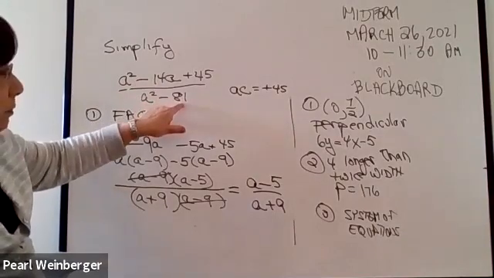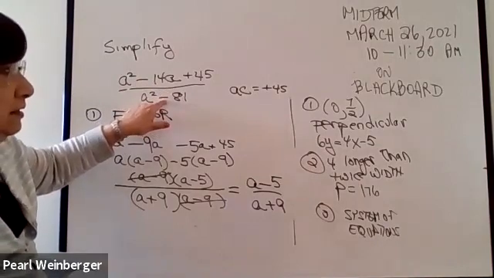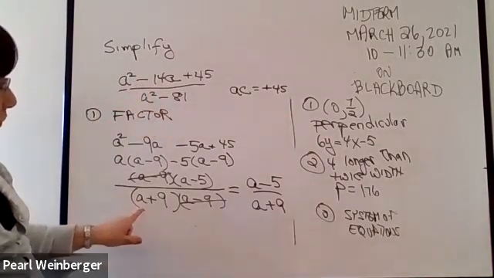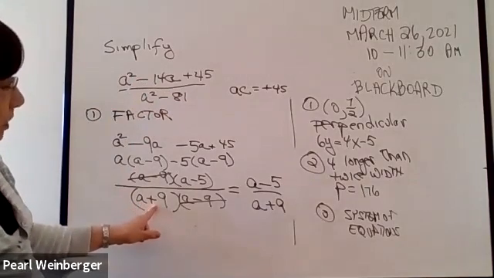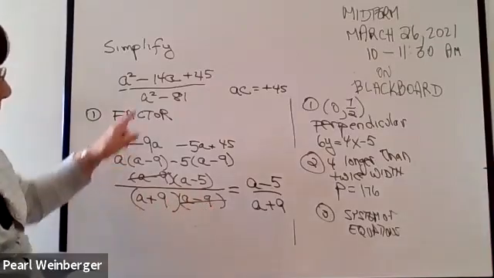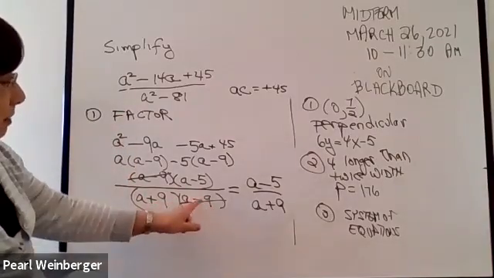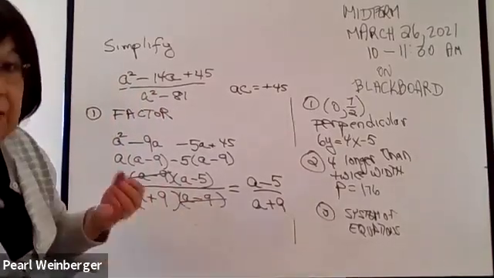The second number is a square, it's 9 times 9, and there's a minus in between them. When you factor it, you get the a plus 9 in one parentheses, the a minus 9 in the other parentheses. Remember, it has to be a plus 9 and a minus 9 in order to give you the negative 81. One has to be plus and one has to be minus.